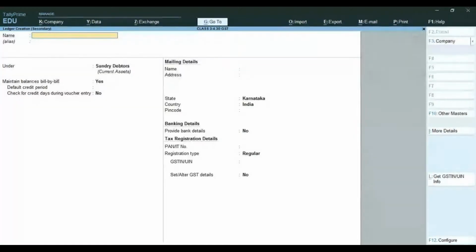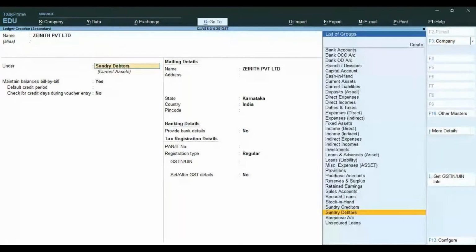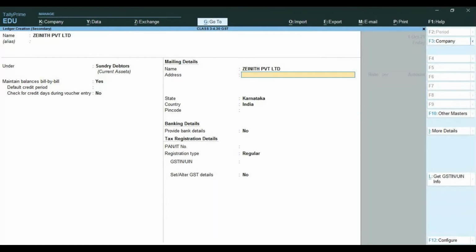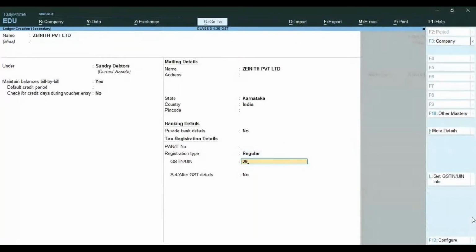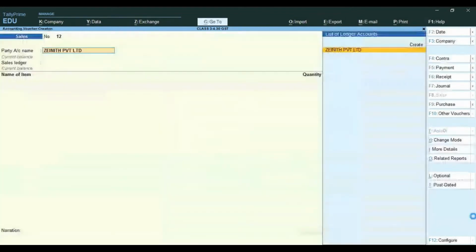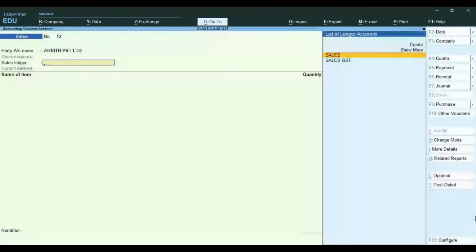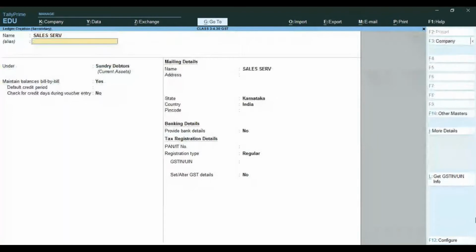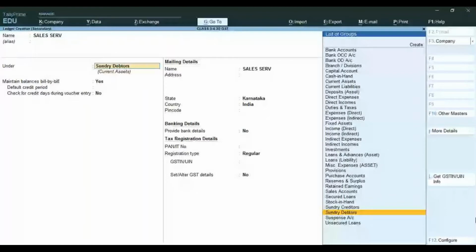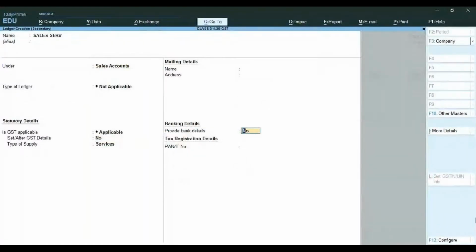Alt C. And here we create sales. Alt C. Sales service, under sales. Here you do it as service.